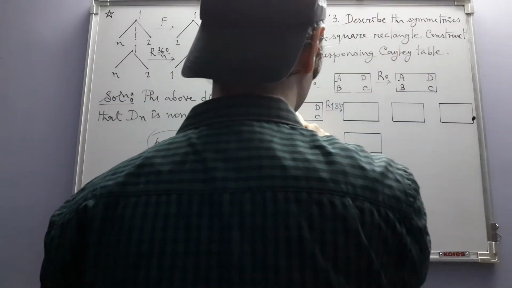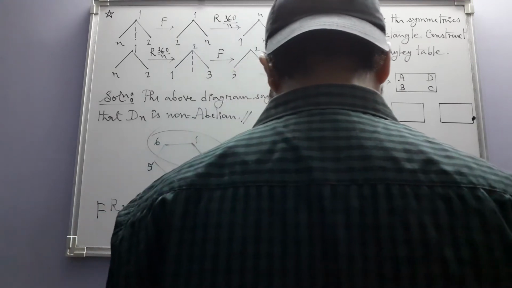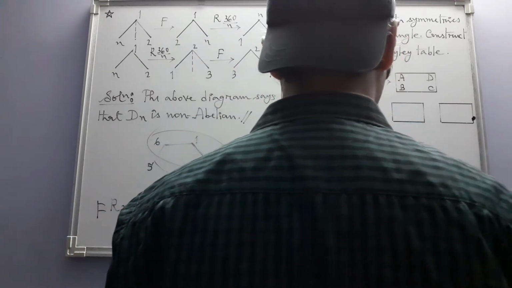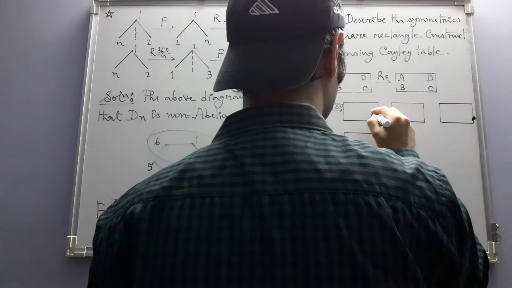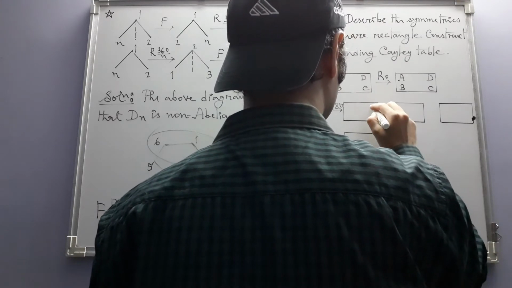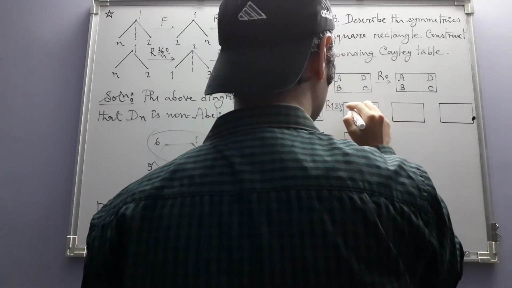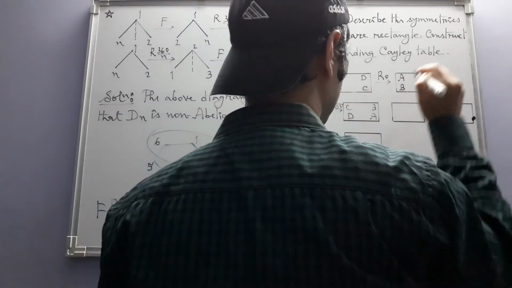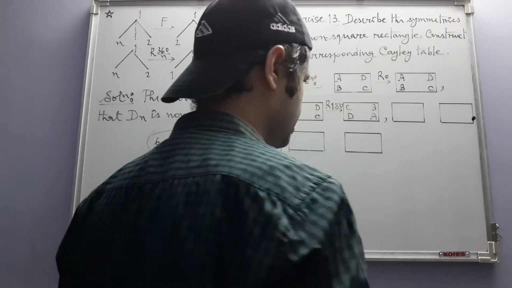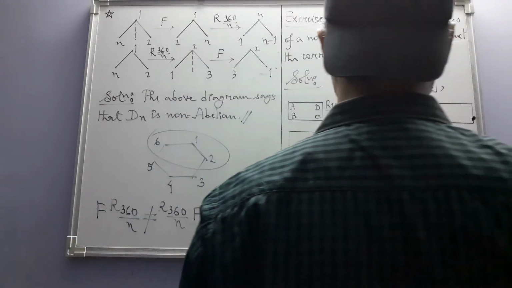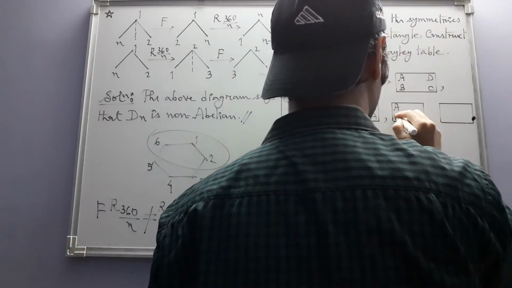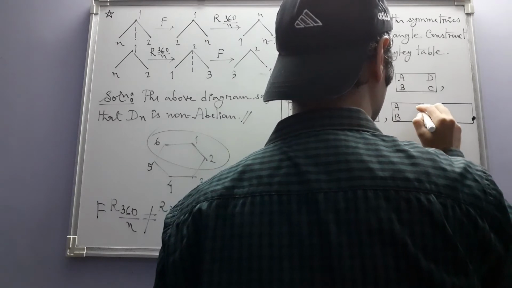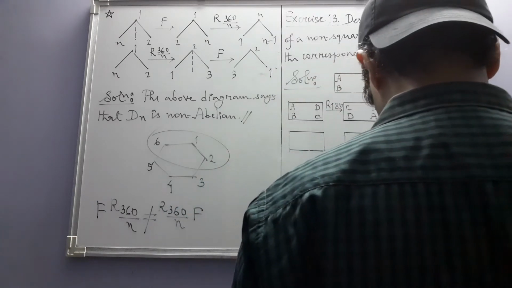Doing that, we will have this A, B, C, D. So this is one symmetry, this is another, and then A, B, C, D.